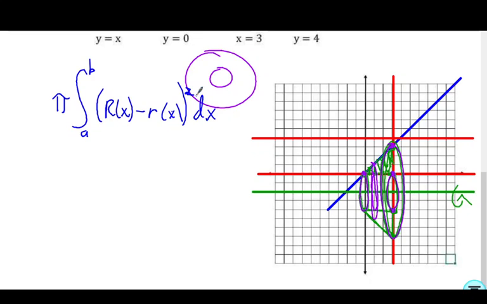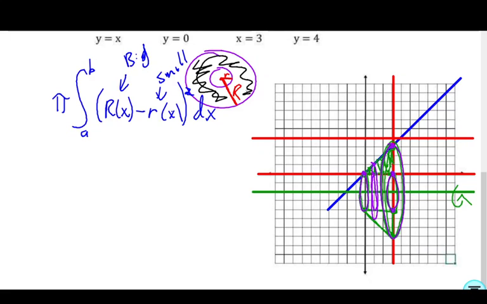Where this right here is the big radius, and this one here is the small radius, which basically comes from this. This right here is little r, and this right here is big R. And this kind of goes back to when you did it in geometry, where they said find the area of the shaded region, where you had to find the area of the big circle and subtract out the area of the smaller circle. That's what we're doing here.